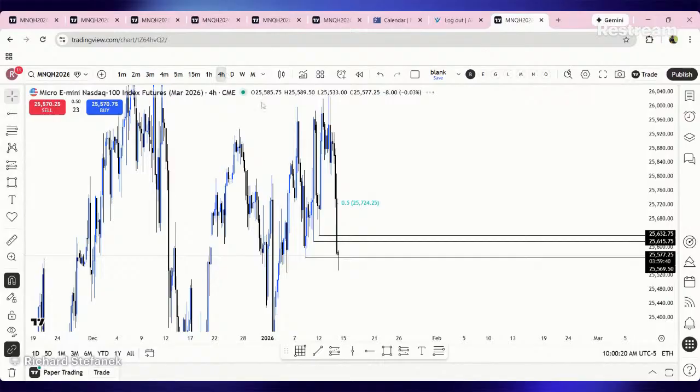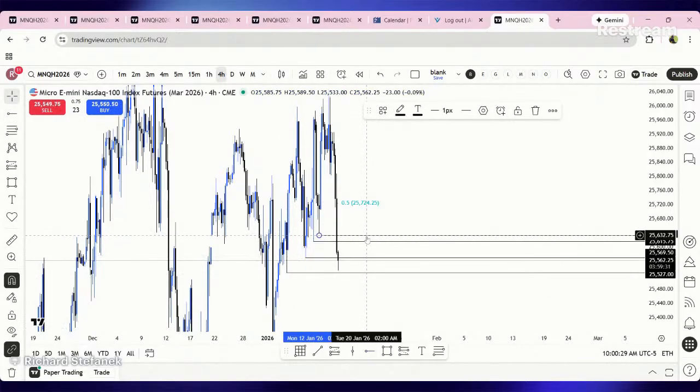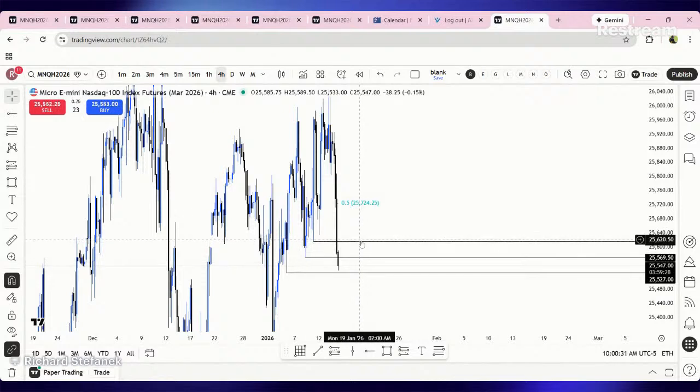All right. Stopping short of this low now. Right there. That's our next stop. So I'm gonna take off some of these because they've already been tagged.